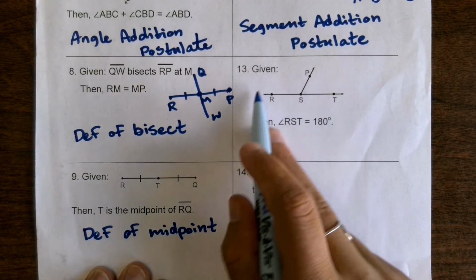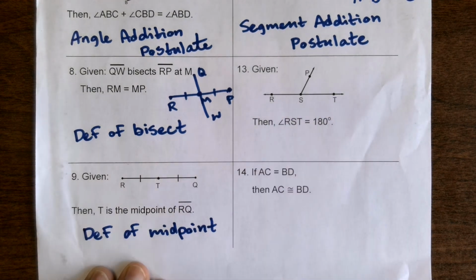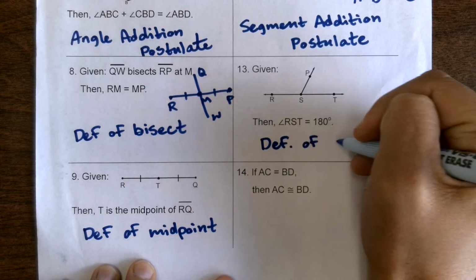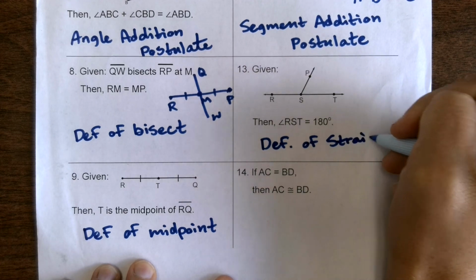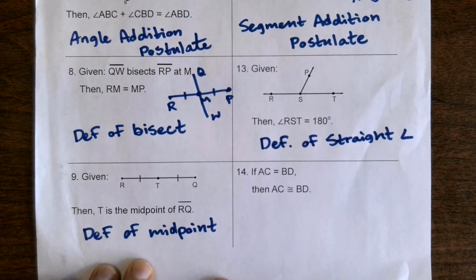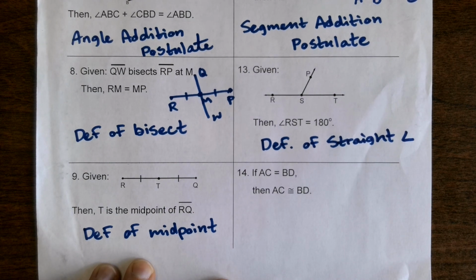For 13, based on our picture, angle RST equals 180. This one's kind of different. The reason we know that is just by the definition of straight angle. Because it was a straight angle, we knew it was 180 degrees.